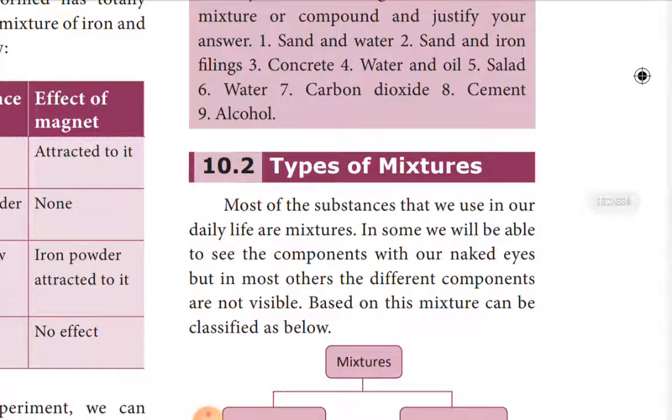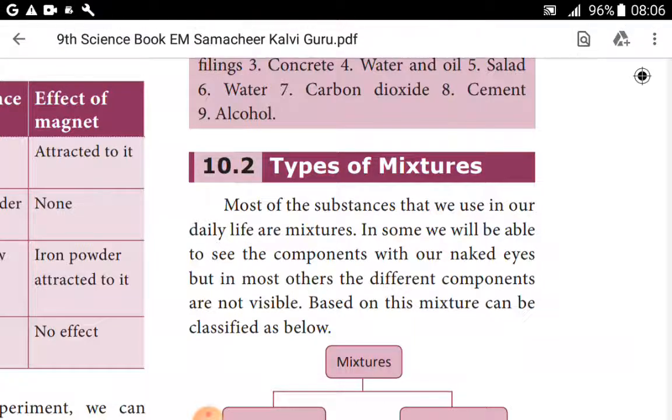Then next, carbon dioxide. The formula you know is CO2: one carbon atom, two oxygen atoms. Carbon and oxygen are combined in a fixed ratio by mass in carbon dioxide. What is the fixed ratio? That is 3 is to 8. The carbon atomic mass is 12 and oxygen is 16. Two oxygens are there, so 2 into 16 is 32. Actually 12 is to 32 will come.